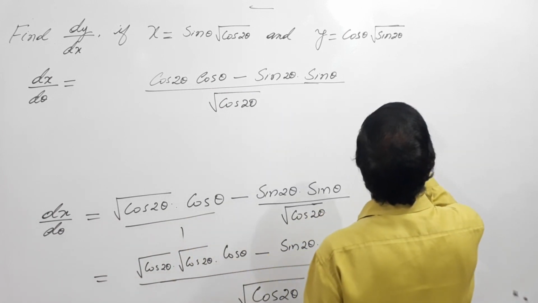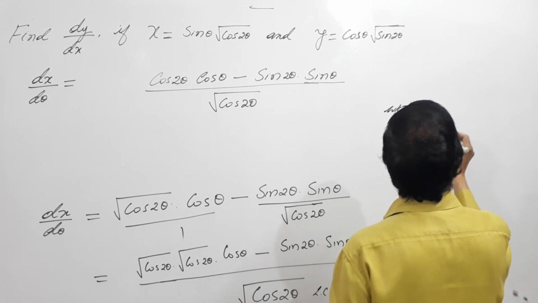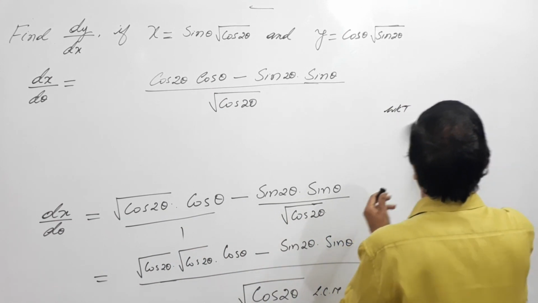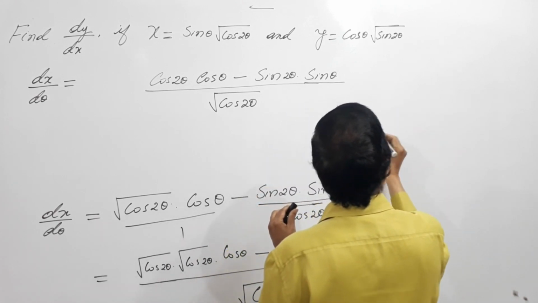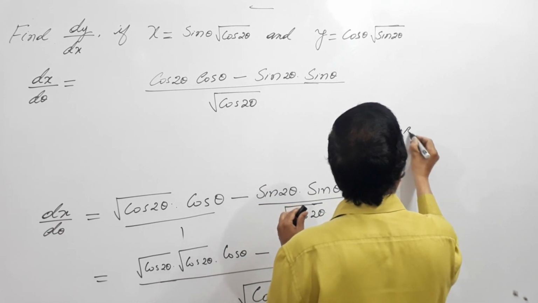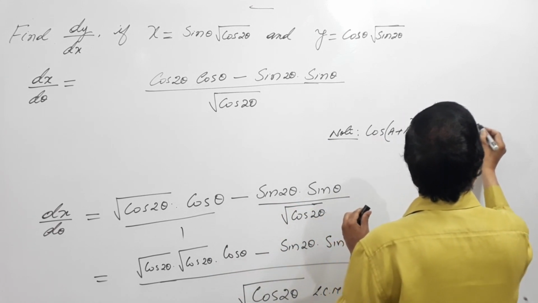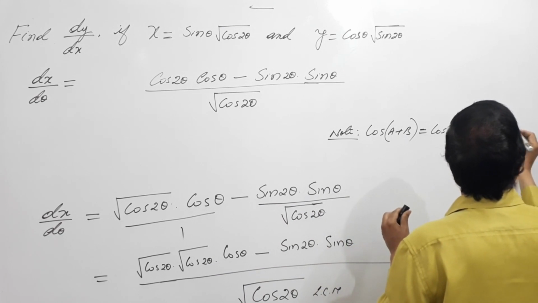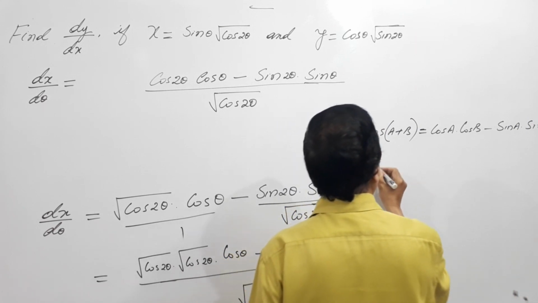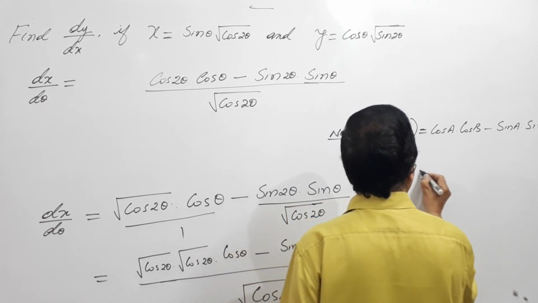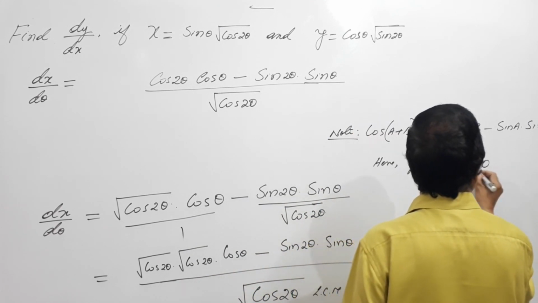So we know that cos of A plus B equals cos A cos B minus sin A sin B. Here A equals 2 theta and B equals theta.